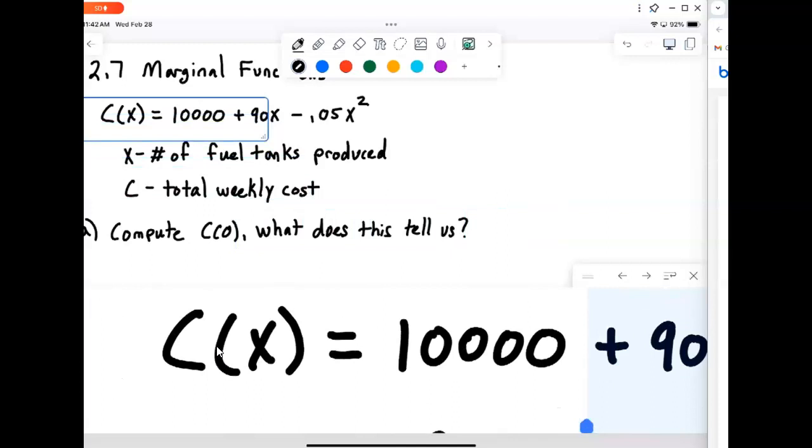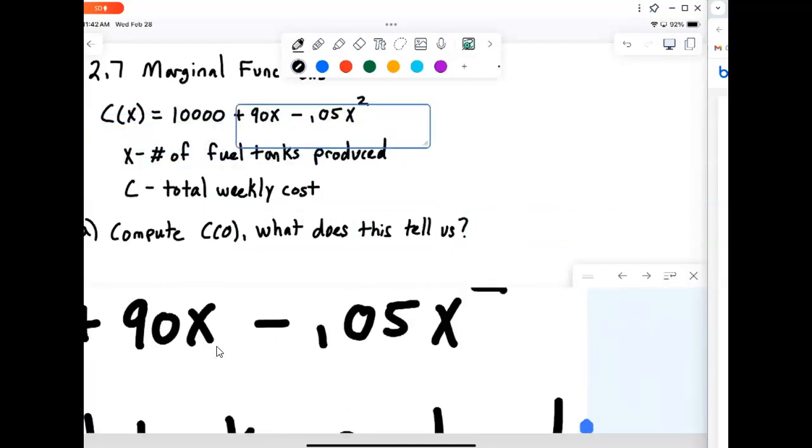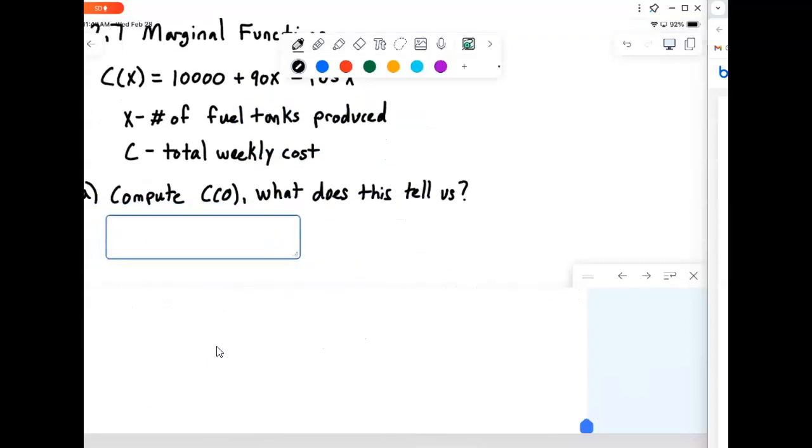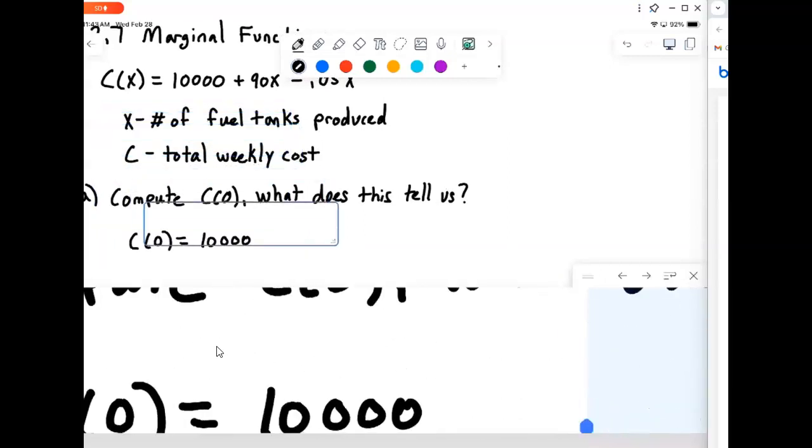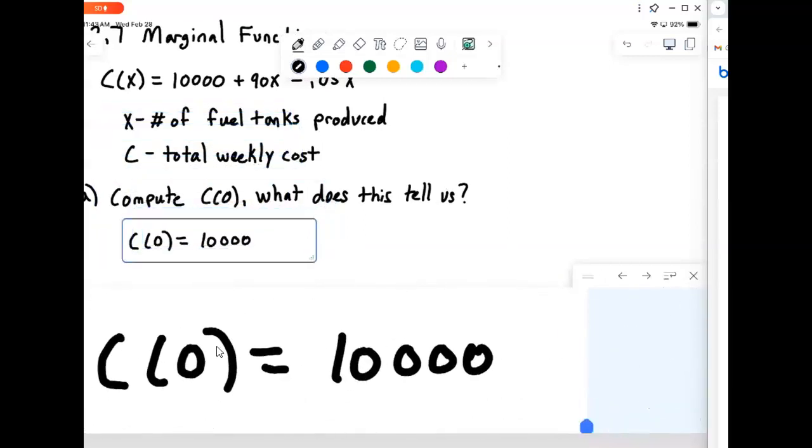Well, C of 0 is very easy to compute. Plug 0 in for x, right? All the variable terms just drop out, and we get C of 0 equals 10,000. Well, what exactly is that? Well, this is telling us if we manufacture 0 fuel tanks, the cost is 10,000.